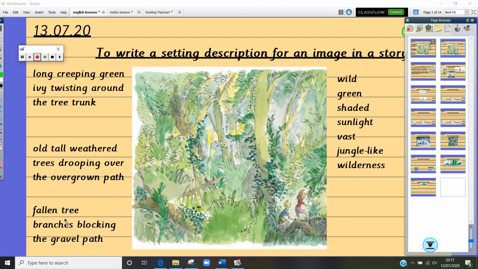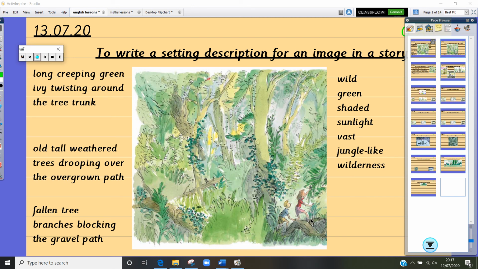And then a fallen tree branch blocking the gravel path. The reason I said that is because there's a fallen tree branch here, which the children have obviously scrambled over. And as they've got further into this garden, they've had to climb over these two twisting branches that have fallen as well.